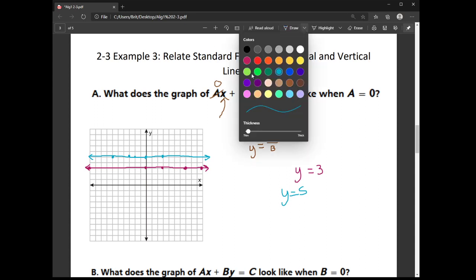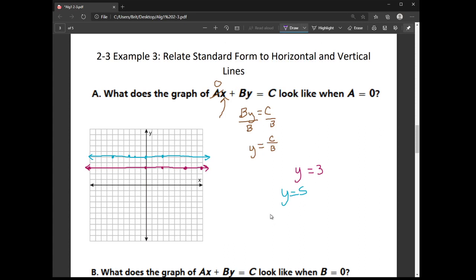If you have y equals -7, when x is 0, y is -7. When x is 3, y is -7. When x is -10, y is -7. And it all just makes that horizontal line. Oh, it's a terrible drawing. Sorry, guys.